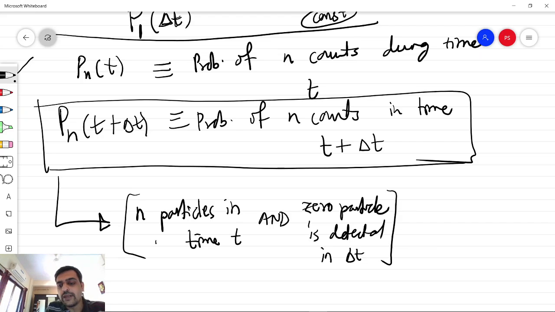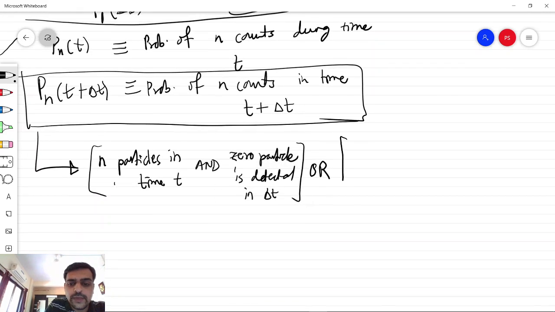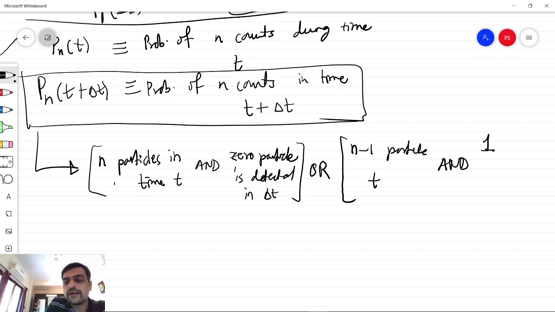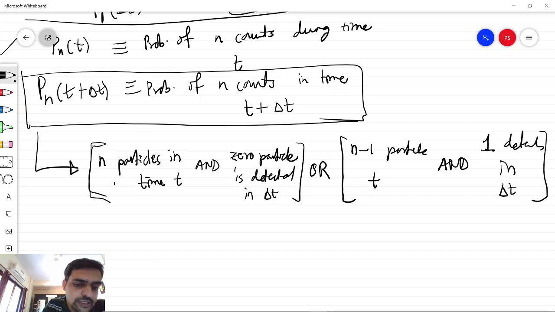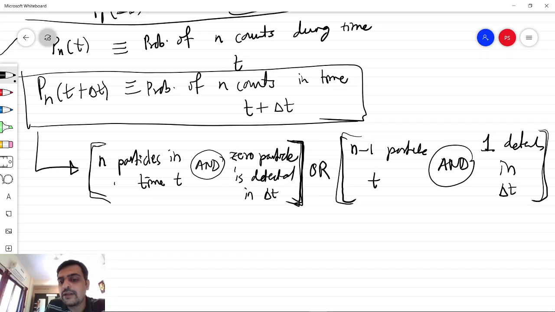This is one possibility, or we can have it in this way as well, that n minus 1 particles get detected in time t, and the remaining one particle is detected in the remaining time interval delta t. Now this probability consists of a logical combination of these statements. These two statements are connected by AND operator, and the two square brackets are connected by OR operator.